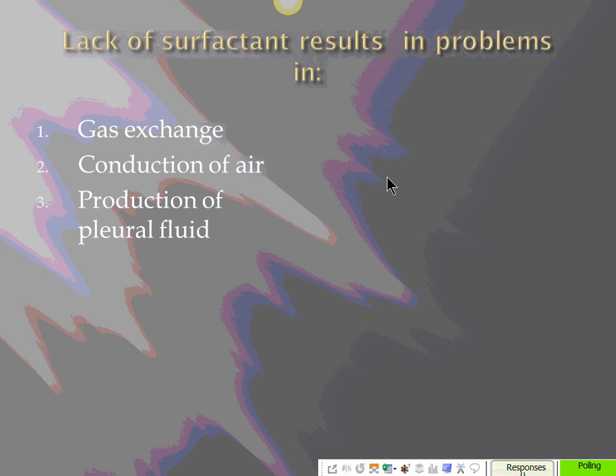Now, if there is lack of surfactant, where is the actual problem? Is there a problem with gas exchange, or is there a problem in conduction of air, or production of something known as pleural fluid? You know, the pleura covers the lungs.